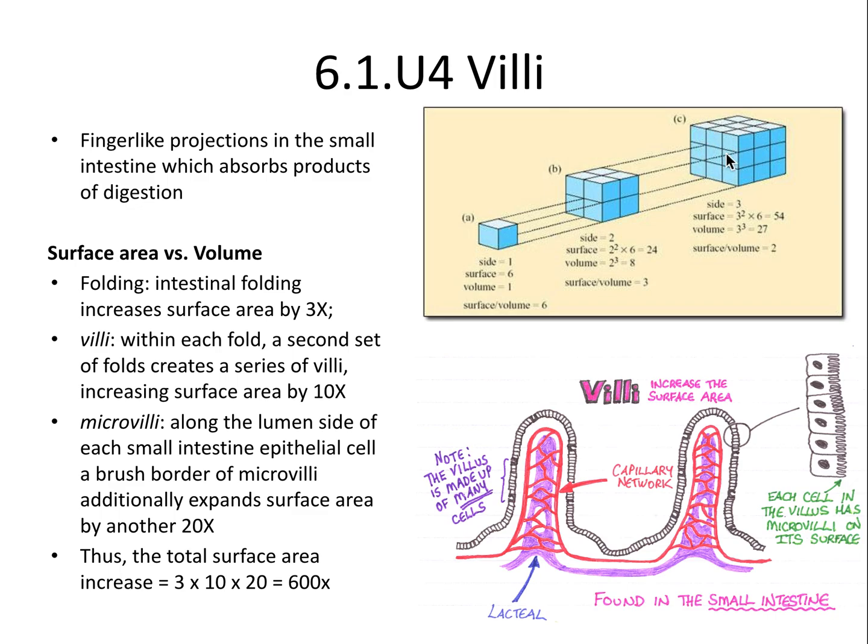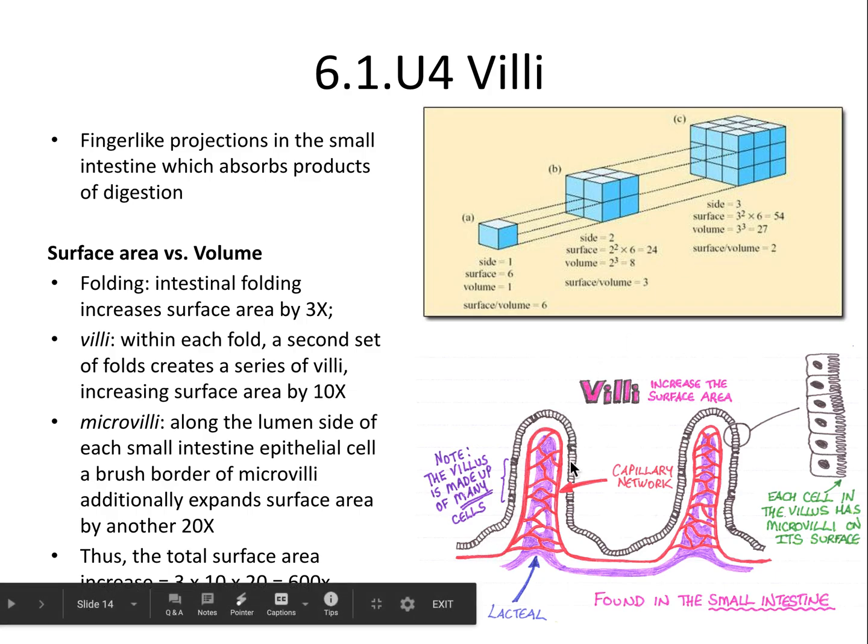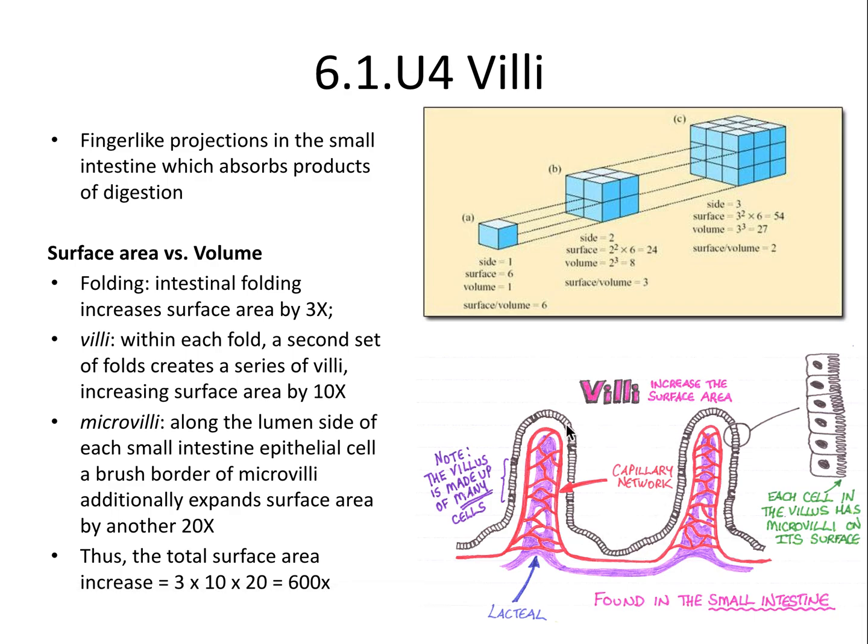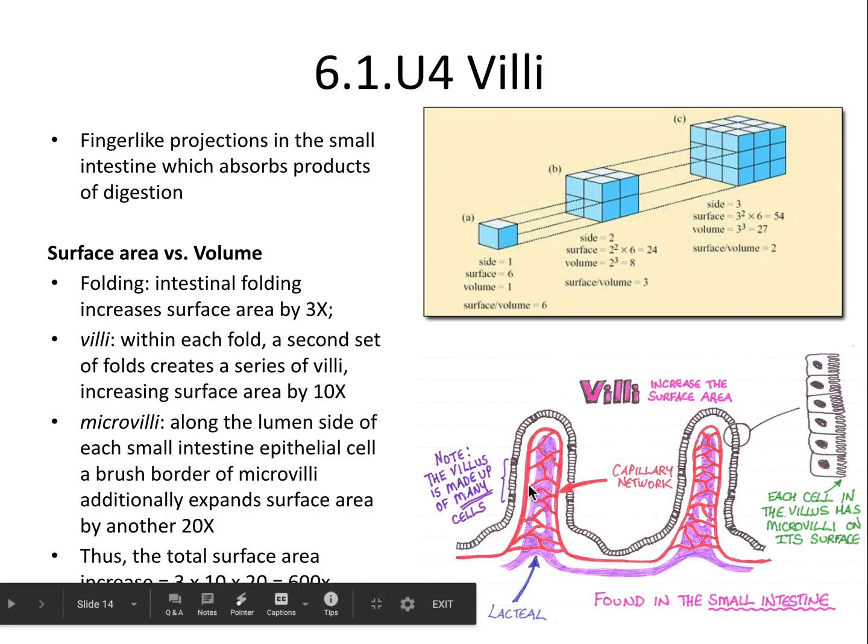So if there's a lot of little holes or little curves, like in this case, the villi have, it creates more surface area for it to absorb. So an increased surface area is going to let more nutrients get in more efficiently to these red capillaries, which will then take the nutrients through the bloodstream to the liver.